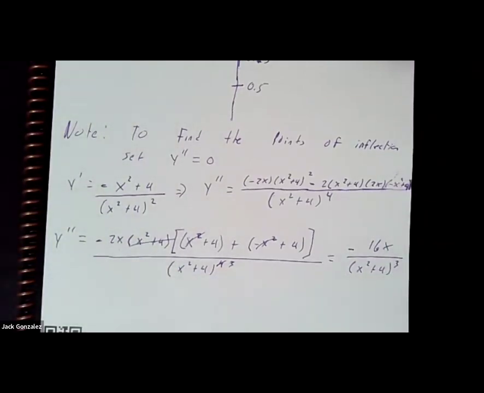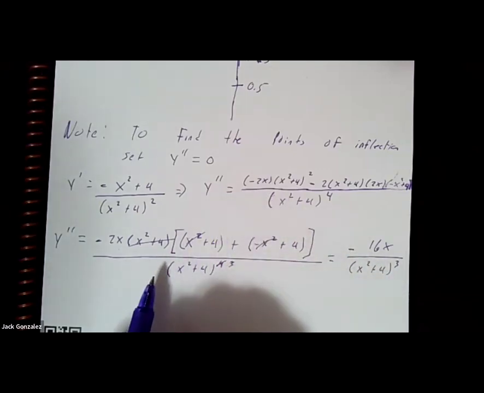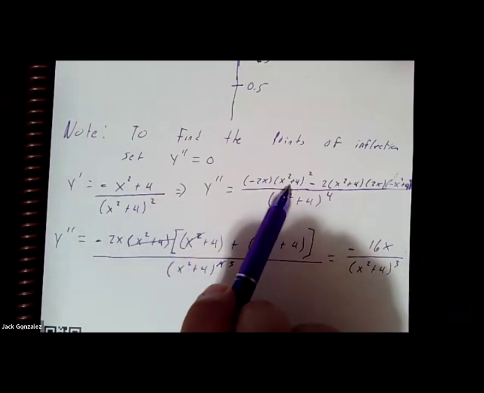Would there be a negative x squared at the top? So it'd be negative 16x minus x squared, I think. Let's see. Double check one more time.